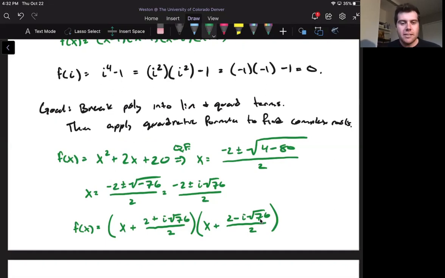For this class, that's usually assumed to be enough. You have to be in a pretty weird situation to be getting complex numbers in front of the coefficients on your polynomials. I think it does come up in quantum mechanics and maybe some advanced electrical engineering if you're studying impedance. But for this class, we're just going to stick with the real coefficients.